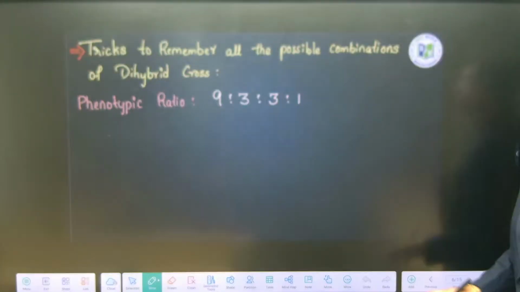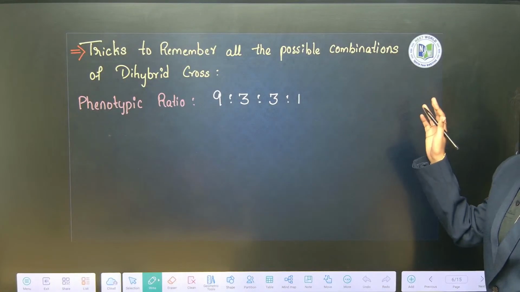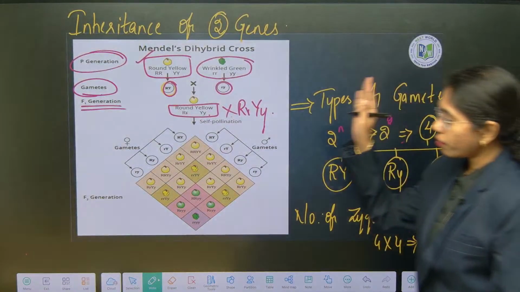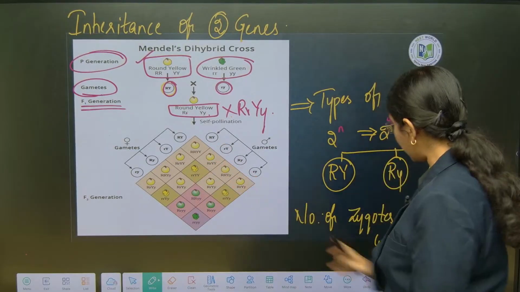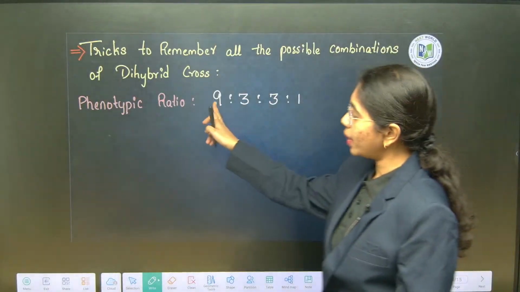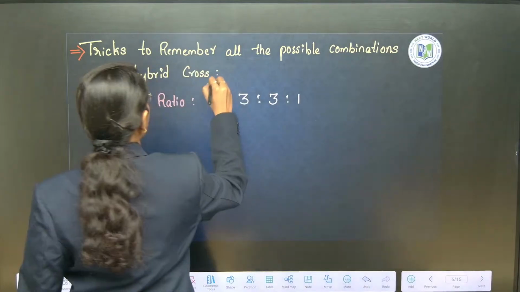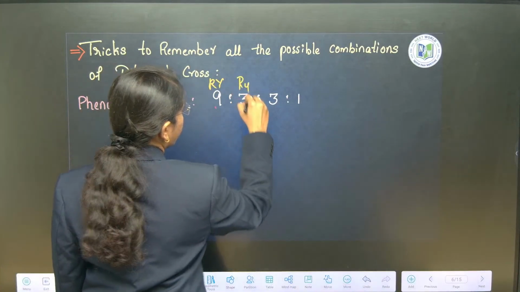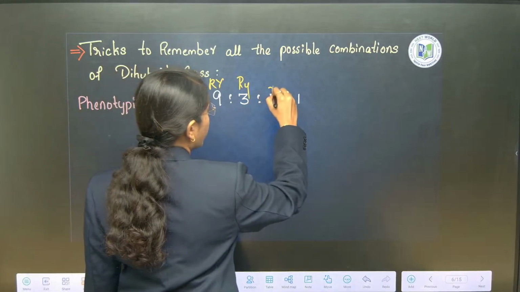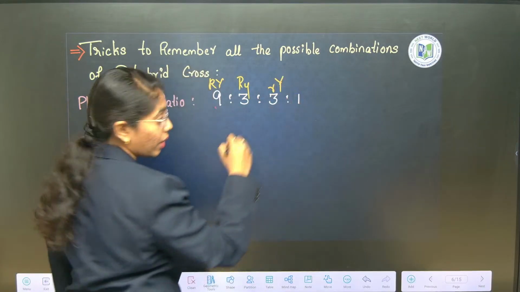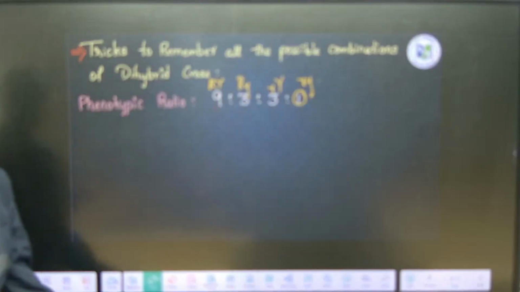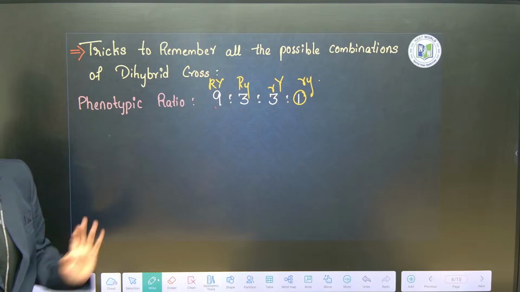Now you see the tricks to remember all the possible combinations of a dihybrid cross. If you observe the checkerboard, you can clearly see 9 will be of dominant phenotype, that is round and yellow. 3 will be round and green, 3 will be wrinkled and yellow, and 1 will be both homozygous recessive, that is wrinkled and green. This is the phenotypic combination.